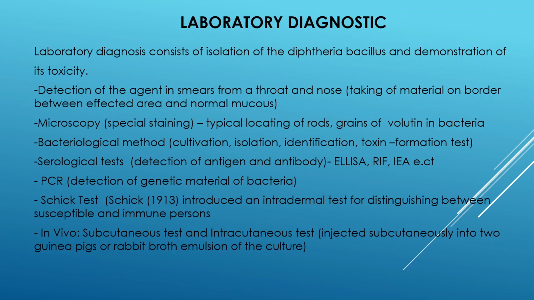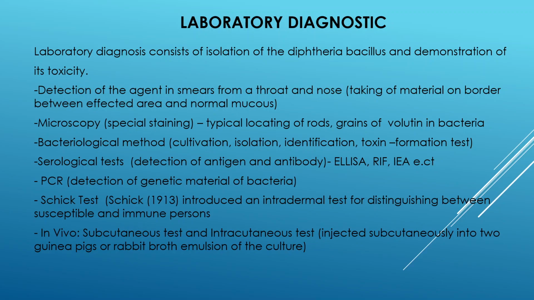We use serological tests for detection of antigens and antibodies: ELISA, immunofluorescence reaction, and other tests. We use the PCR technique for detection of genetic material of the bacteria. In 1913 the Schick test was introduced, an intradermal test to distinguish between susceptible and immune persons.